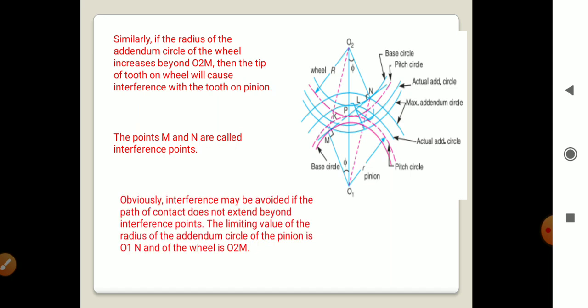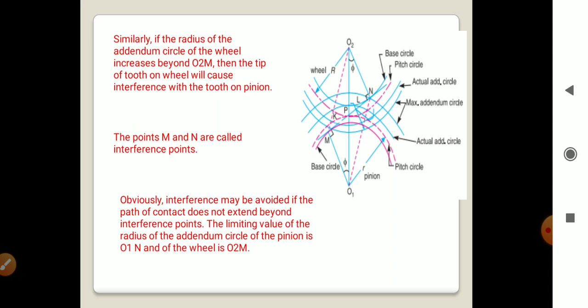Obviously, interference may be avoided if the path of contact does not extend beyond the interference point. I already stated that. The interference points are M and N, and the path of contact must stay between these two points, which are the limit conditions.